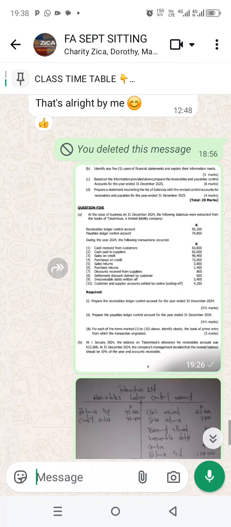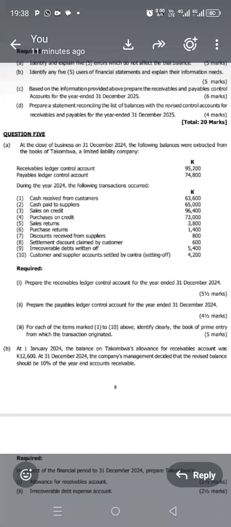So we can move to the next transaction. So next transaction, it's number 4 there. That is purchases on credit. So as you know, I said payable goes with purchases and it goes with the suppliers.